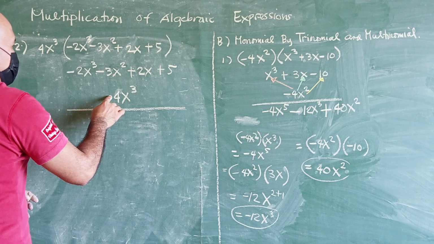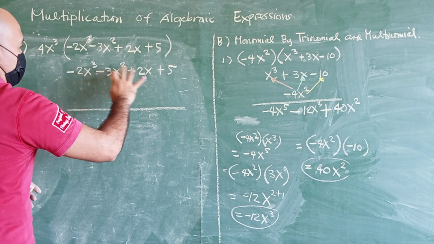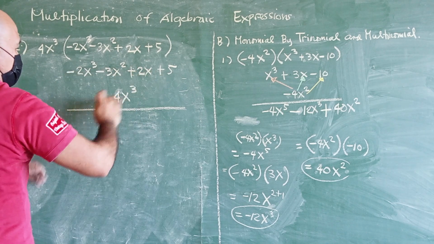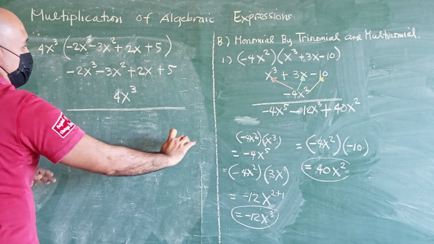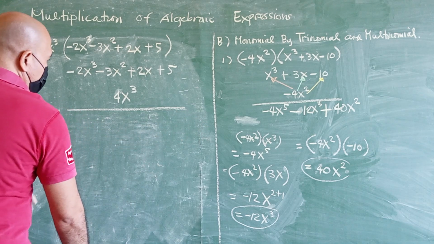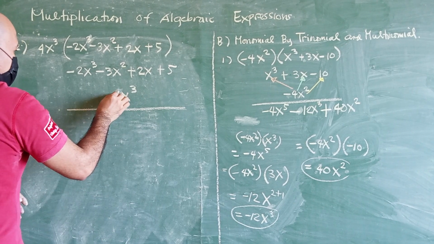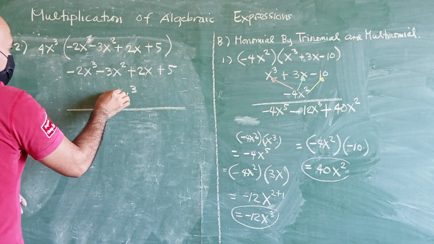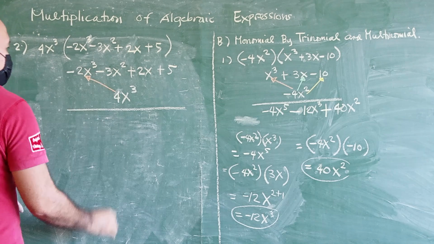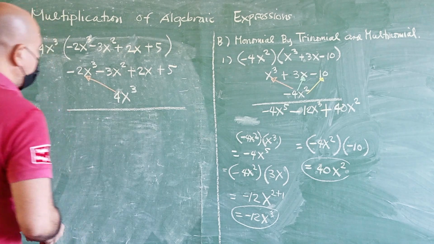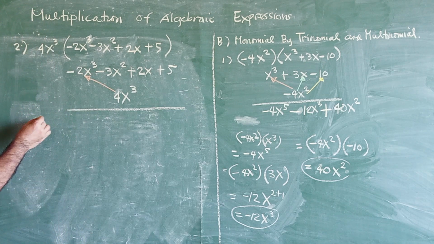Since there are 4 terms in the first line, your final answer must have 4 terms also. That's one thing that you should remember always. So the first is 4x cubed times negative 2x cubed.